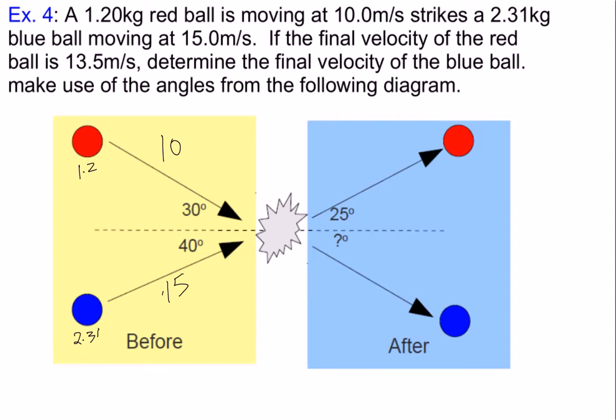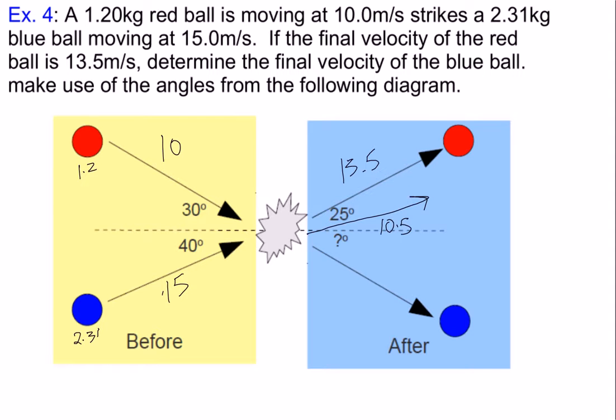After the collision, the red one was 13.5, and our blue one didn't go downwards, it ended up going upwards. And we calculated 10.5. If you think about that, the blue one was going faster, it hits the red, it shoots the red a little bit quicker, so it gave the red some speed but lost some speed, so it drops down to 10.5, so that seems realistic.